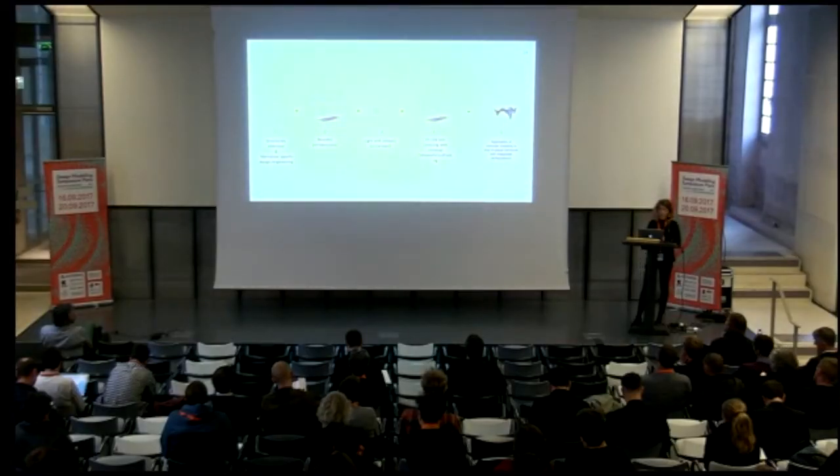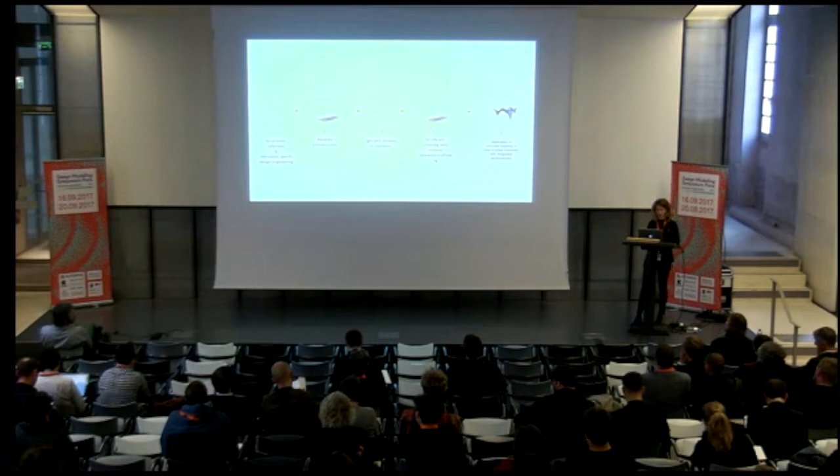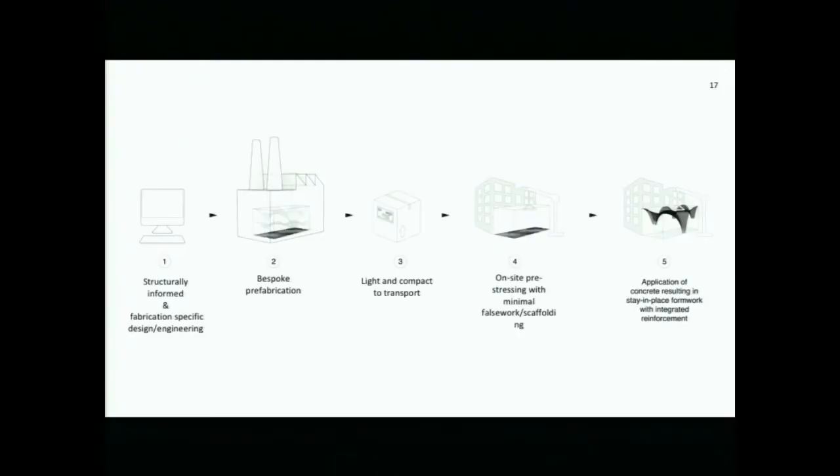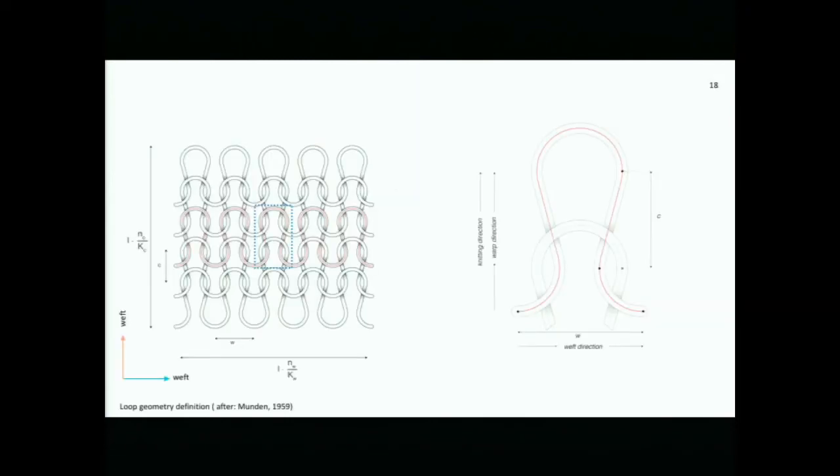The overall vision for this would be that of creating a structurally informed prefabricated textile, which is very lightweight, easy to transport, and is then easily assembled on site and creates the formwork for a concrete geometry. This is great because it's lightweight, it's easy to assemble and dismantle, and it enables the creation of doubly curved geometry. So let's look at the knitting itself.